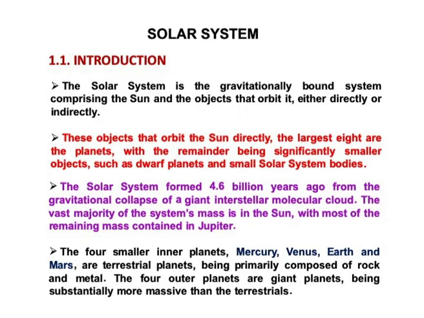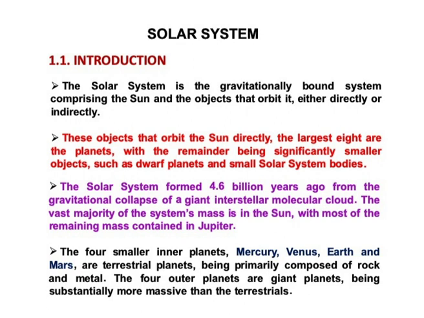Of the objects that orbit the sun, the largest eight are the planets, with the remainder being significantly smaller objects such as dwarf planets and small solar system bodies.